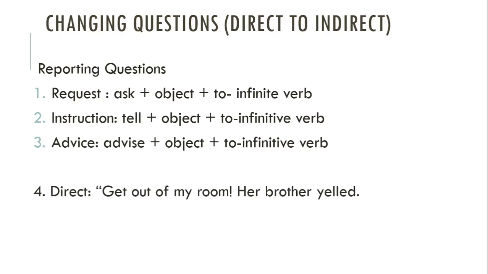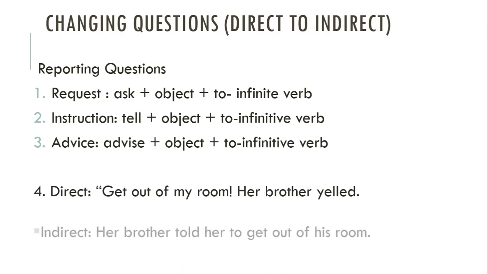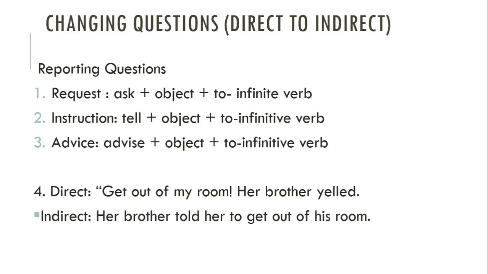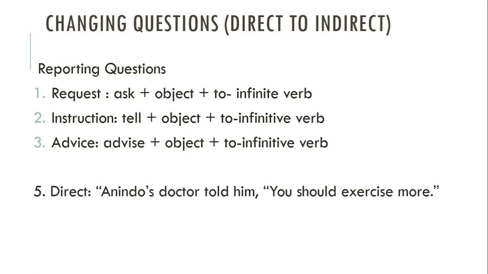"Get out of my room," her brother yelled. Okay, so here you see, "Get out of my room," her brother yelled. Her brother told her to get out of his room. Onindo's doctor told him, "You should exercise more."